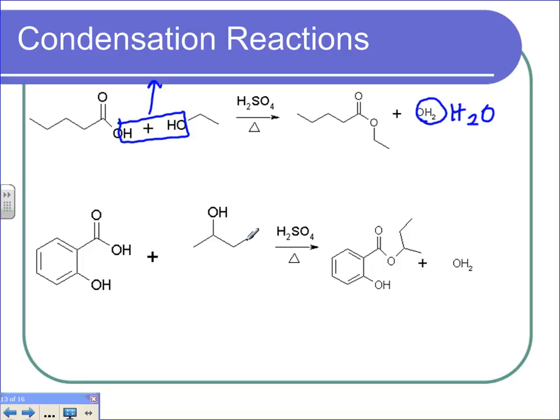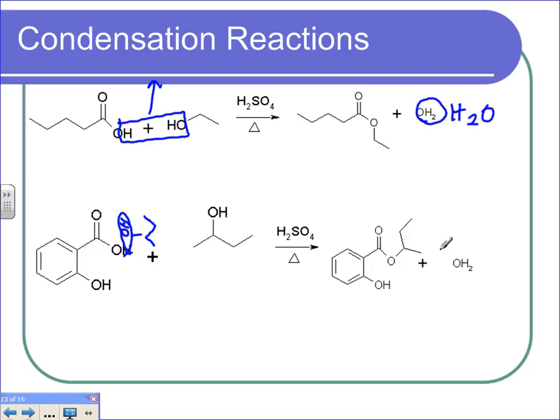If you redraw the alcohol, it's a bit easier to see how the product is formed. So this makes the H2O, and this moves over and attaches to the O. And then you get the water.